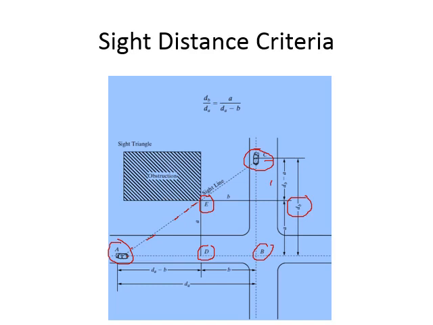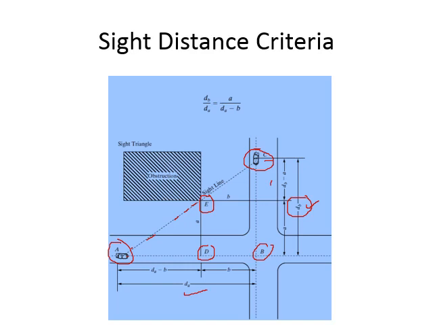For ABC, the perpendicular is DB, and the base is DA. So the perpendicular upon base will be DB upon DA.